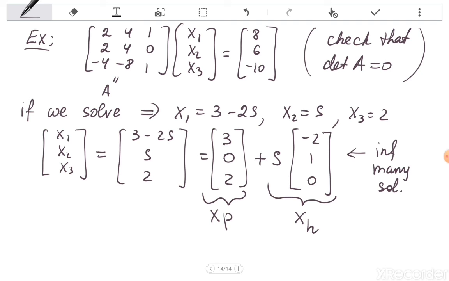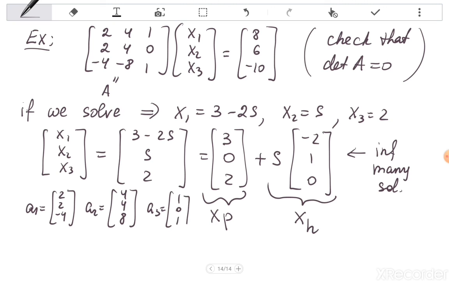And also you can notice that the columns of this matrix are indeed linearly dependent. If A1 is the first column, 2, 2, minus 4, A2 is 4, 4, minus 8, and A3 is 1, 0, 1, then there are numbers C1, C2, C3 such that we'll get 0.